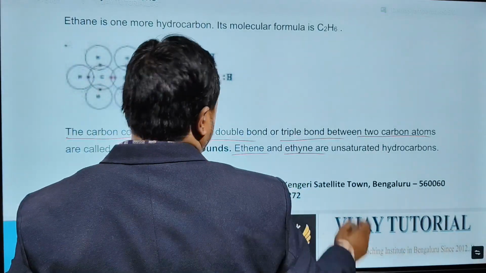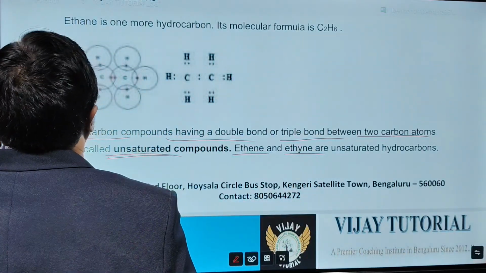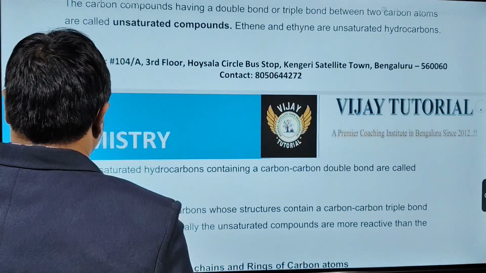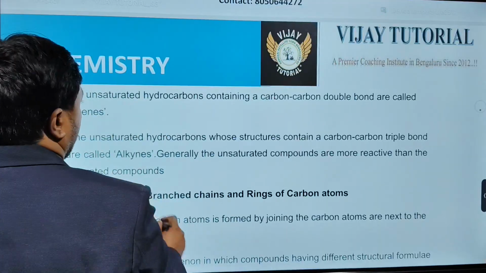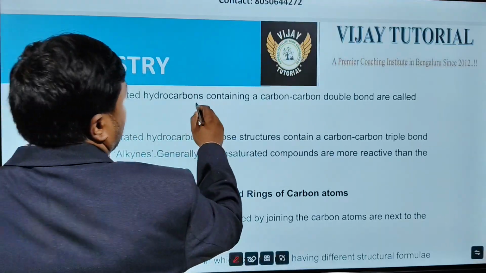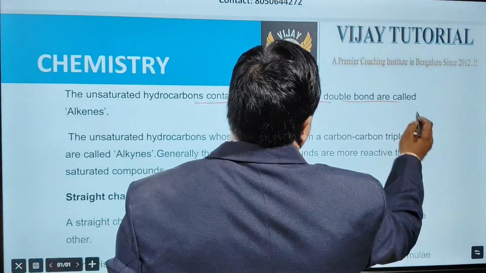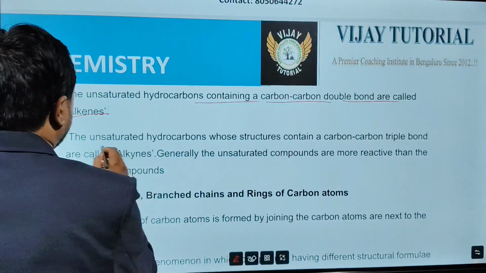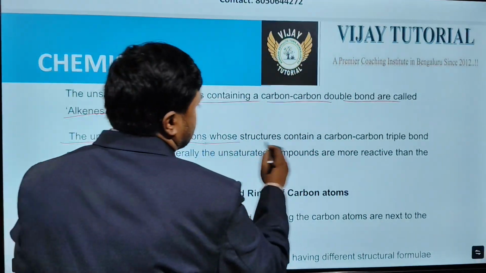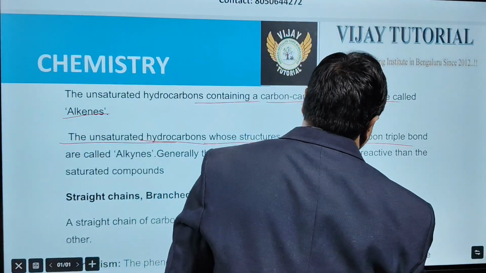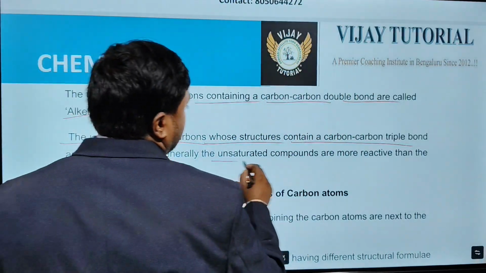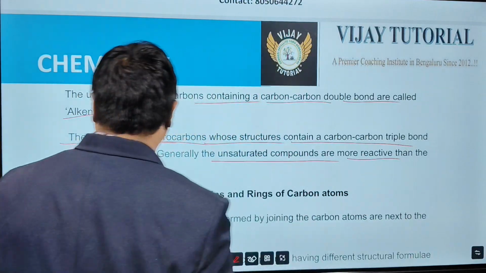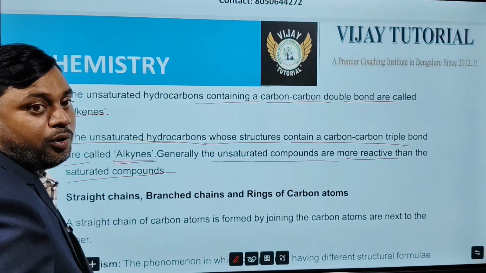Example: ethene, ethyne. The unsaturated hydrocarbons containing a carbon-carbon double bond are generally called alkenes, and the unsaturated hydrocarbons whose structures contain a carbon-carbon triple bond are called alkynes. Generally the unsaturated compounds are more reactive than saturated compounds.